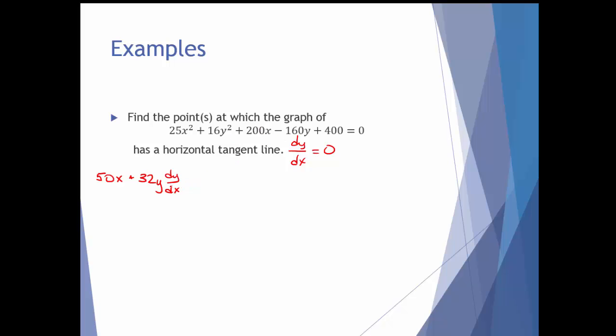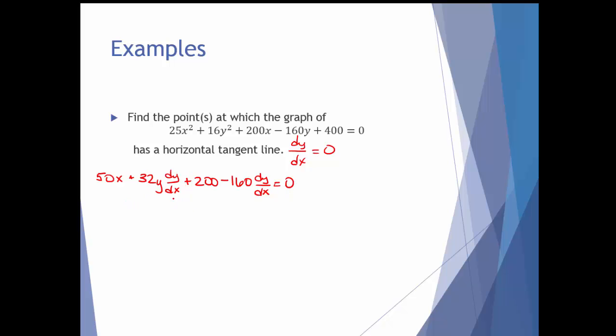The derivative of 200x is just going to be 200. And the derivative of negative 160y is going to be negative 160 dy/dx. The derivative of 400, since it's a constant, is 0. And then, of course, the derivative of 0 is also 0.